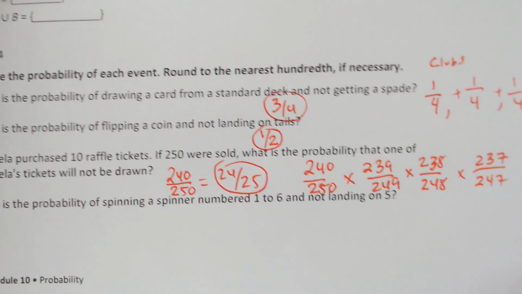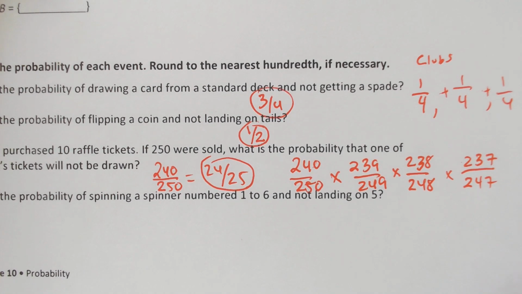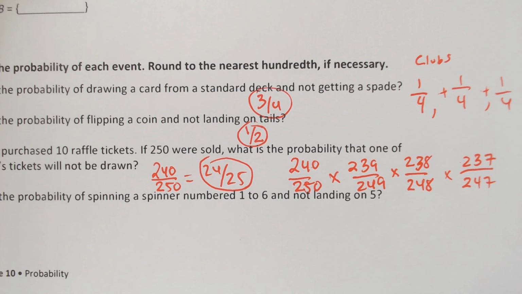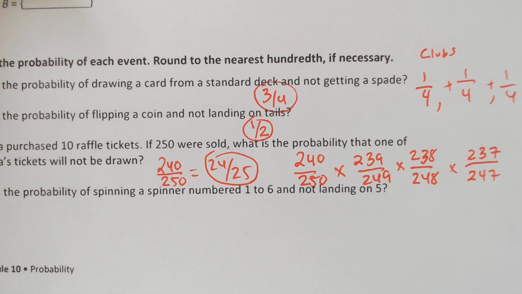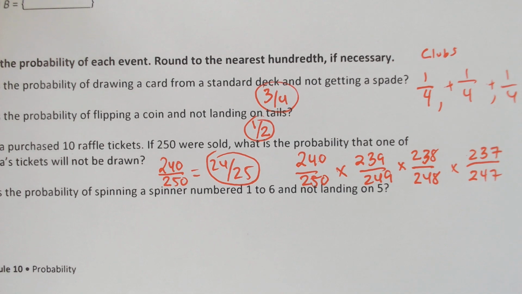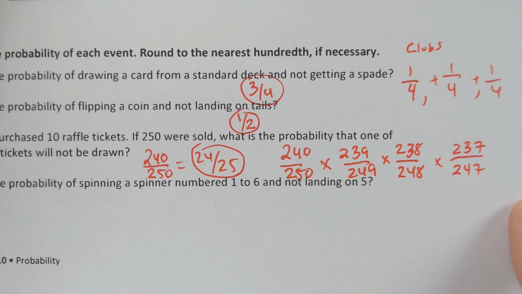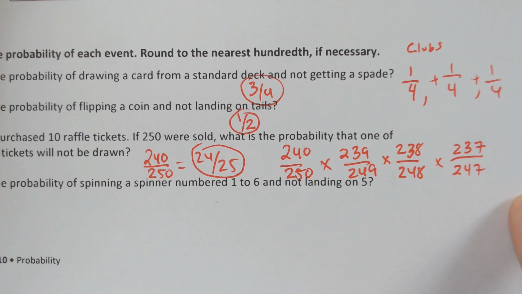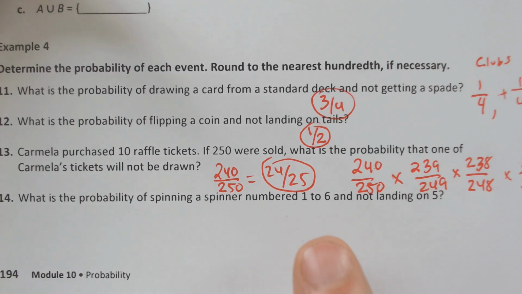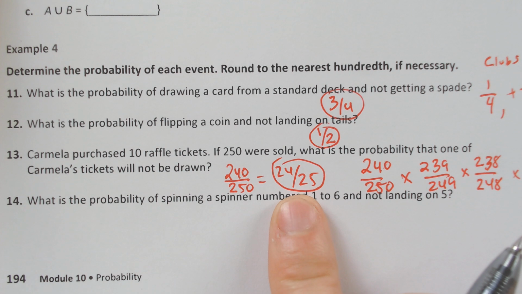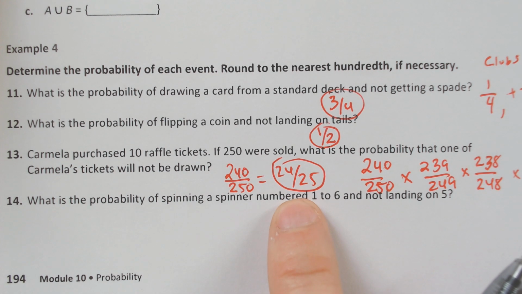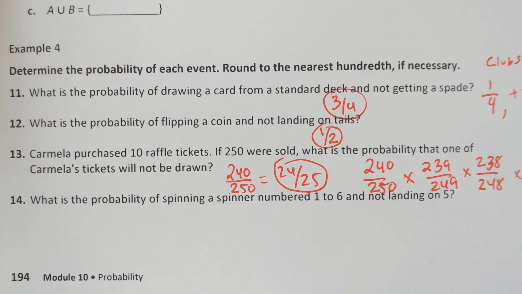It would keep going for every time we wanted her to lose, and that would be the chances of her not winning, which indicates that you could also figure out the probability of her winning. Because if she loses this many times, she would win the opposite of that. So here, she has a 24 out of 25 chance of losing if they only draw 1 card. But if they only draw 1 card, she does have a 1 out of 25 chance of winning.